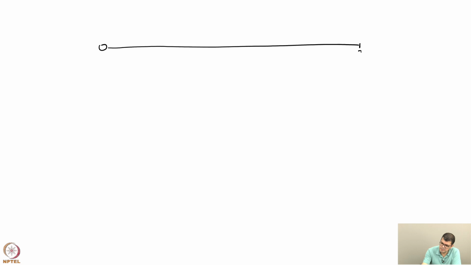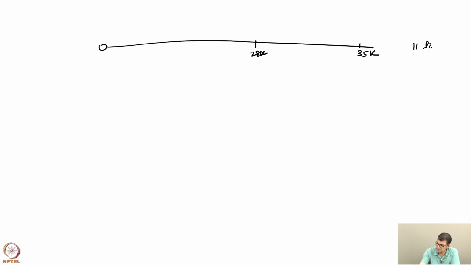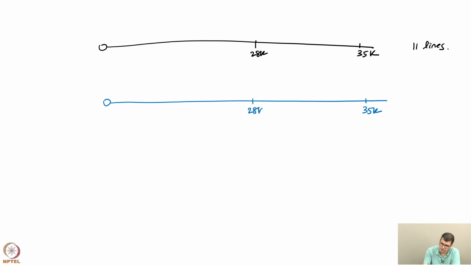So, let us do this on a fresh slide. This is, let us say, 35K, this is 28K, this is 11 lines, and the line where the ability to utilize citrate did evolve, let us say, this is 35K, this is 28K, and so on.